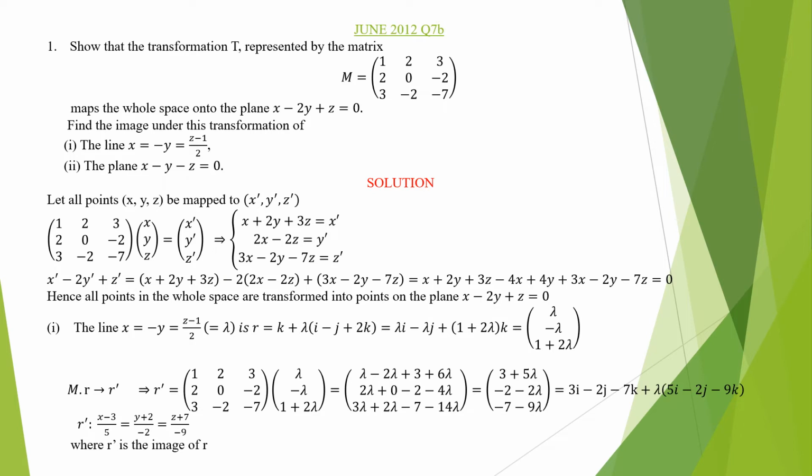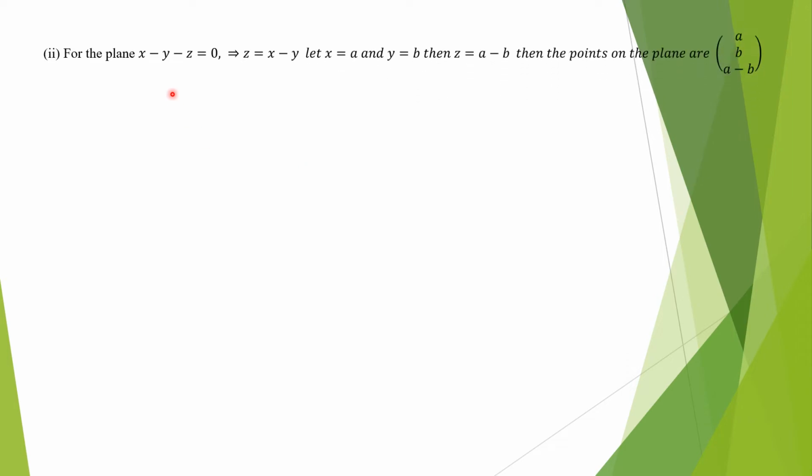Let's look at Roman 2. For Roman 2, we are supposed to find the image of the plane x minus y minus z equals 0. So finding the image of this plane, let's make one of these variables the subject of the formula. You are going to understand better with the tutorials.